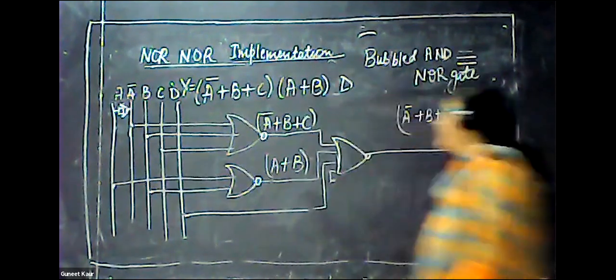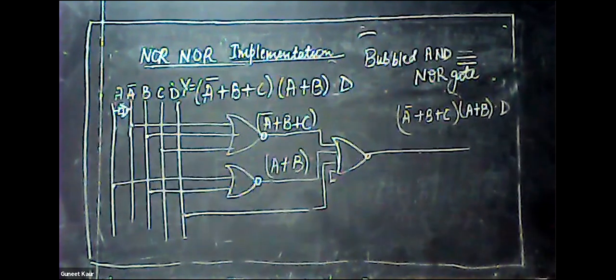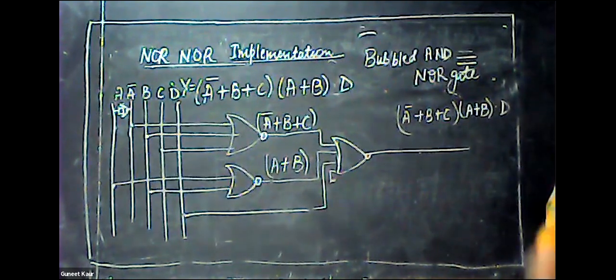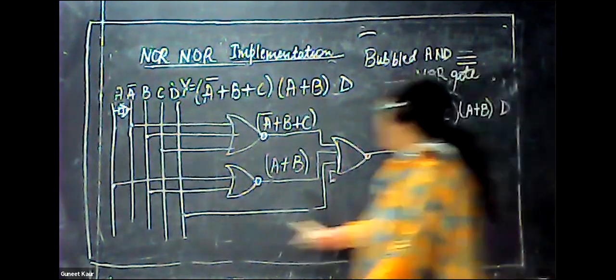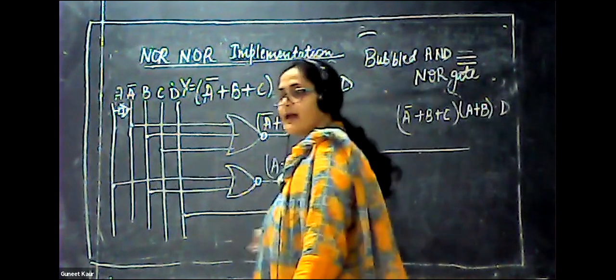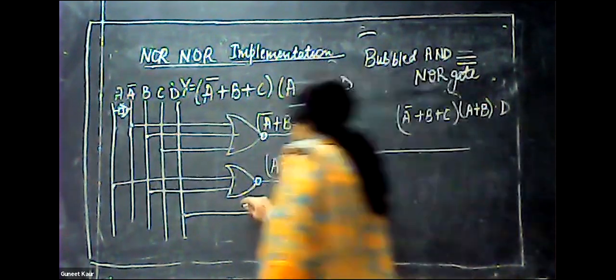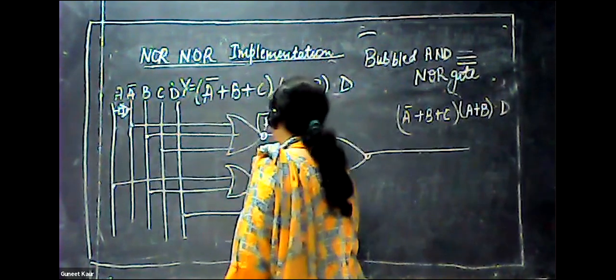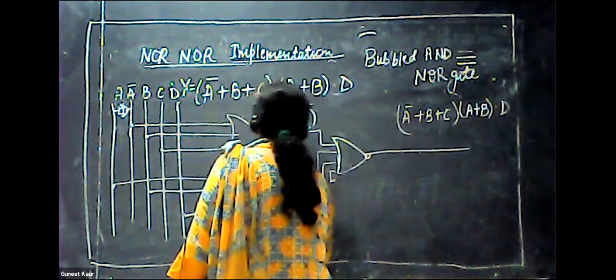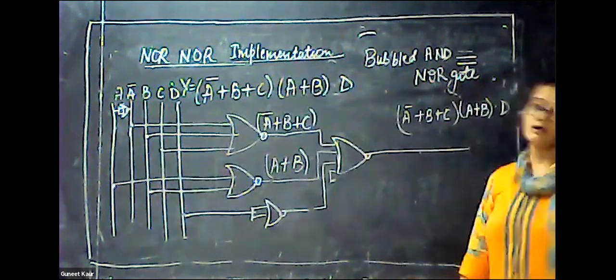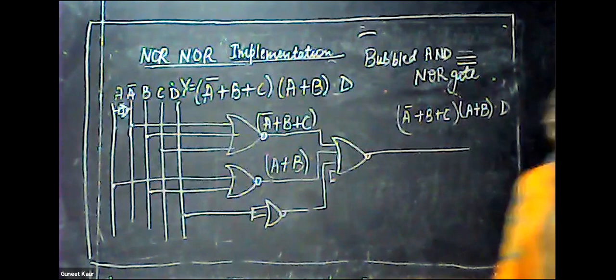But an extra thing we have to apply in this method is, if we have a single line, a simple line, we will again attach one more NOR gate here. So each signal will be converted into your NOR.